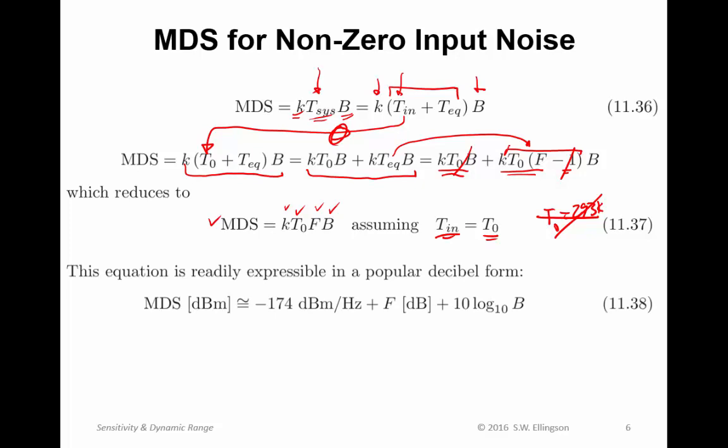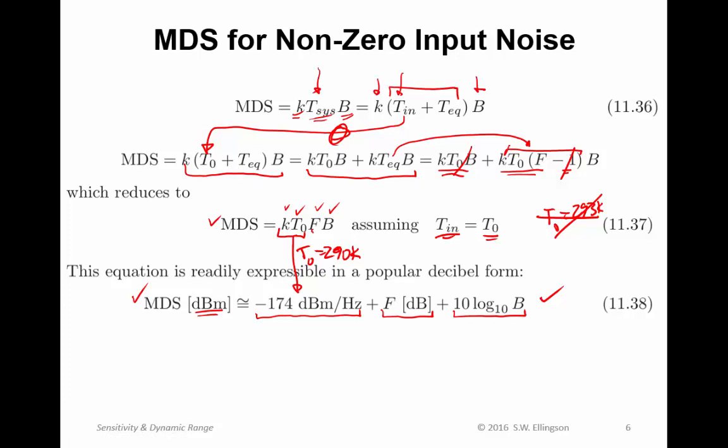Now the reason I point this out is because there is a very famous expression which appears in essentially all RF system engineering books that says that the MDS in decibel units, typically in dBm, decibels relative to a milliwatt, is minus 174 dBm per hertz, plus the noise figure in decibels, plus the bandwidth in decibel units. And that's simply this expression here. k T0 is this thing if we now say that T0 is 290 K. So in effect here what we're saying is that T_in is 290 K, and then we get this expression, right?